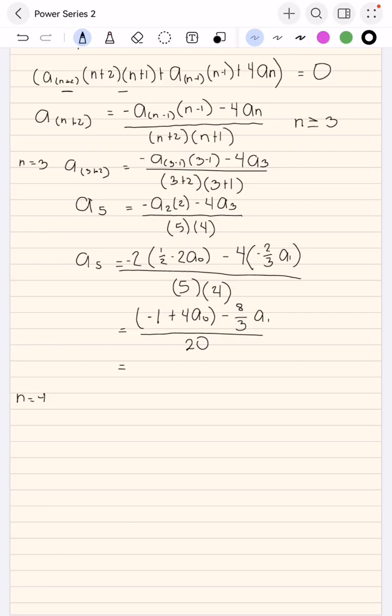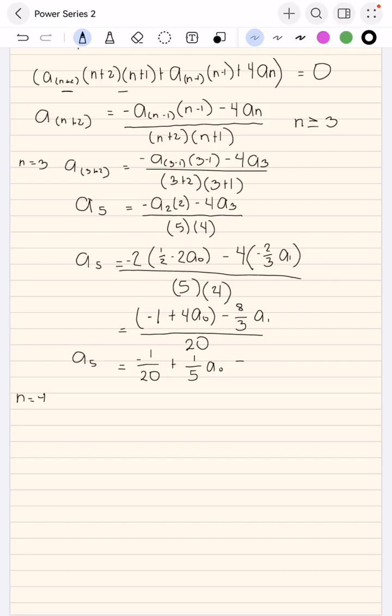So for the A5, we express as negative 1 over 20 plus this one, this will be 1 over 5 A0 minus, sorry guys, I'm actually using calculator because my mind is not very mathematical right now, and yeah, I'm in survival mode.